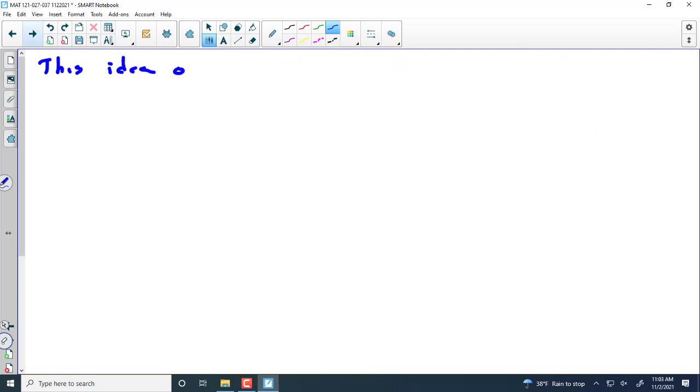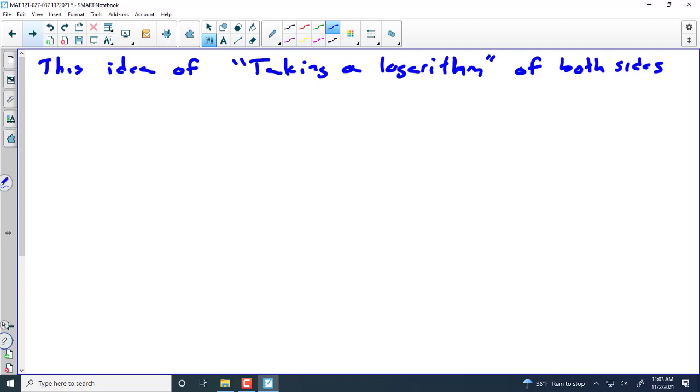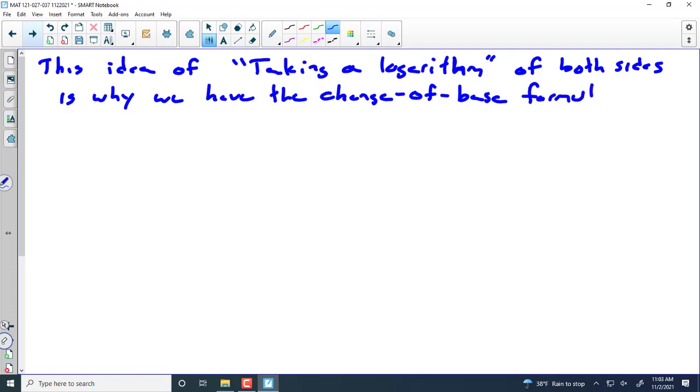This idea of taking a logarithm of both sides is why we have the change of base formula.